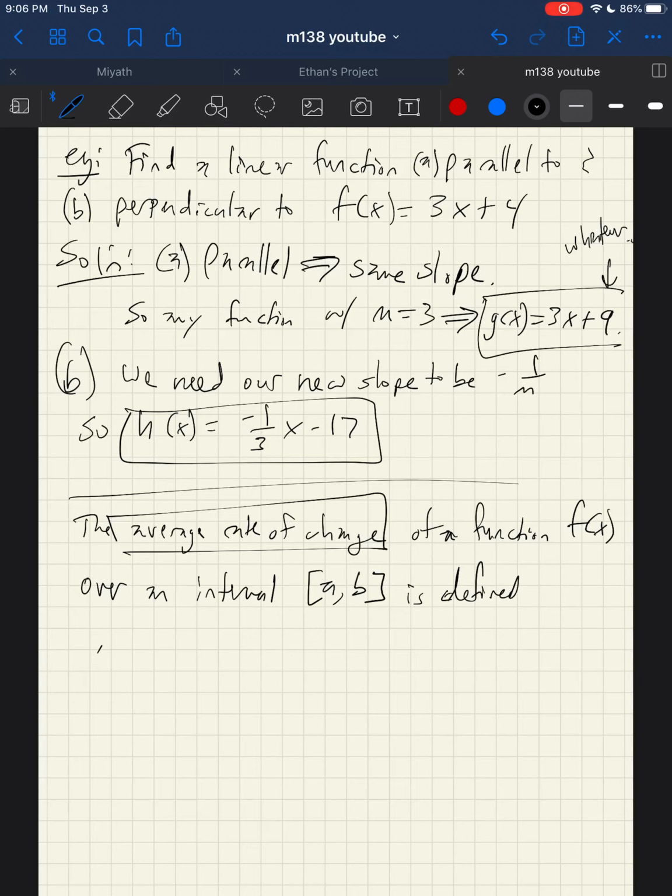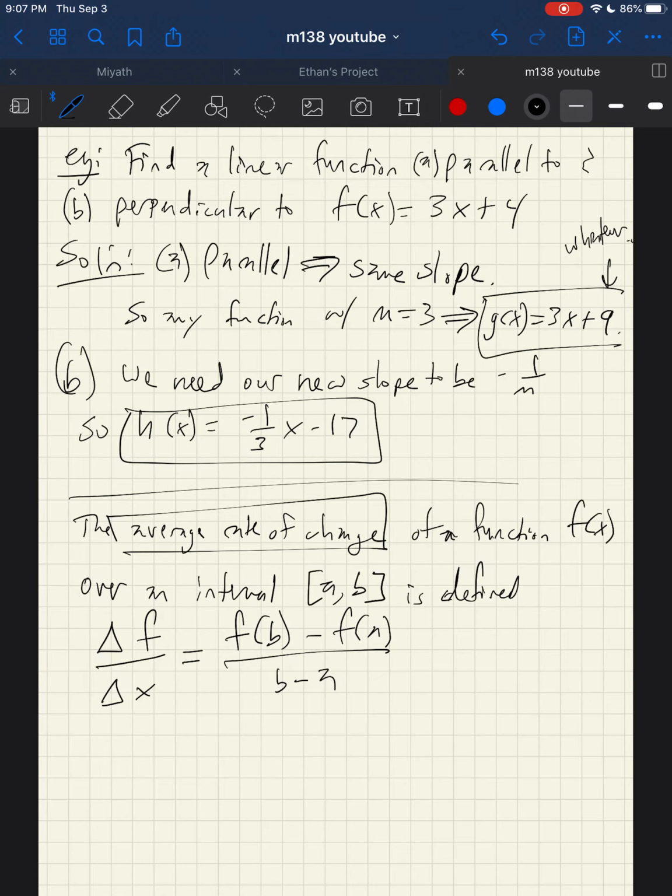We're going to write this as delta f over delta x, and this is equal to f of b minus f of a over b minus a. Okay, now this is just a new definition.